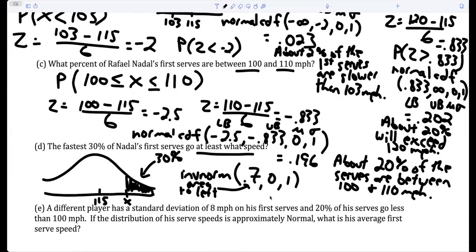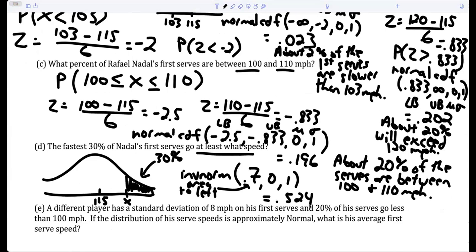Okay, so let's go back to the notes here. I have this is 0.524. However, I haven't answered the question yet. What did they ask? What was the speed? If you do inverse norm, that will give you the z-score.